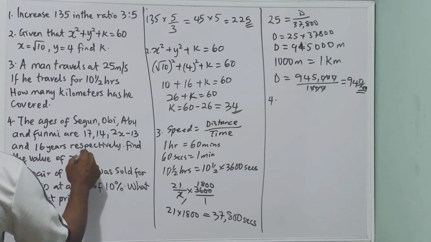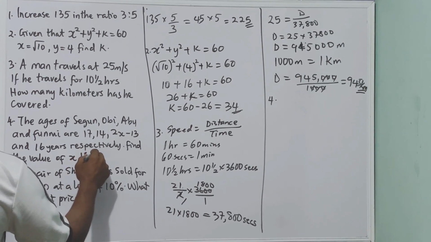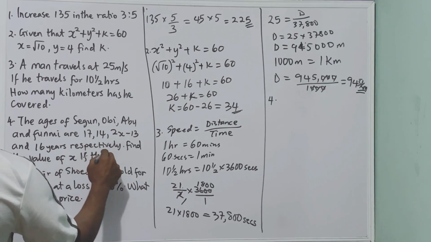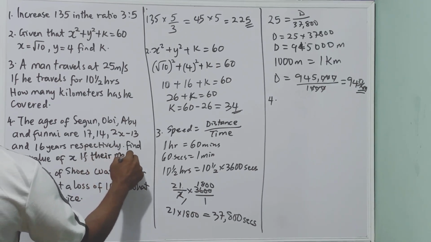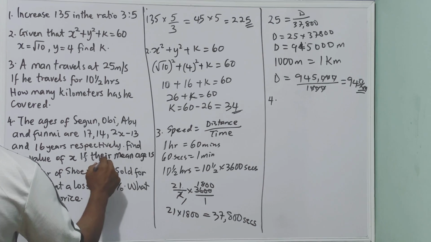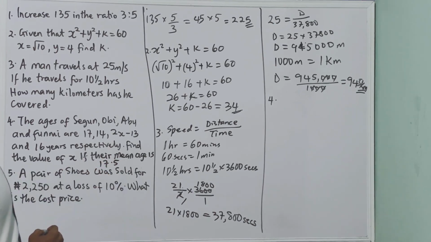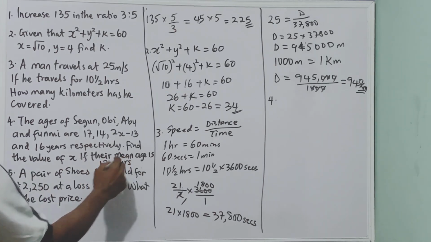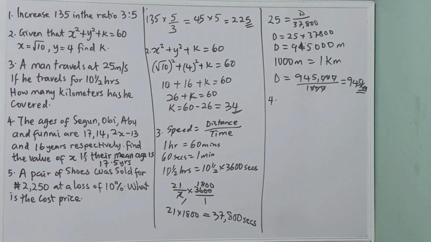Find the value of x if their mean age is 17.5. Okay? Sorry, it says find the value of x if their mean age is 17.5.